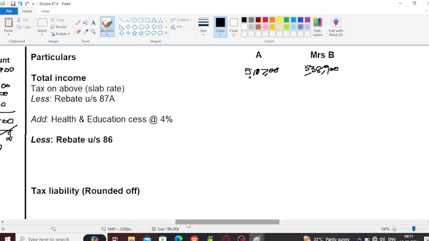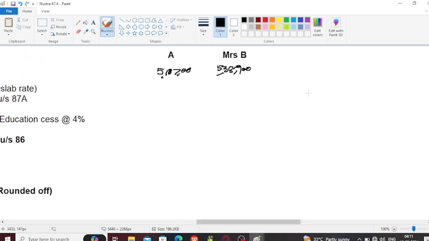As per the slab rate, let me calculate here for 5 lakh 10,700. As per the slab rate, up to 2 lakh 50,000 will not be taxable, so nil. Another 2 lakh 50,000 will be taxable at the rate of 5 percent.